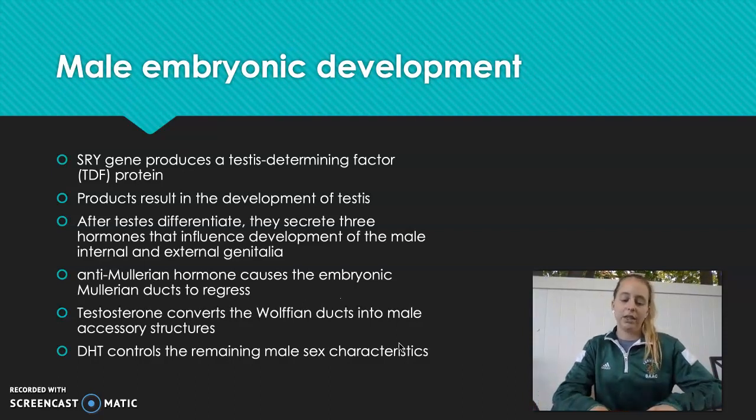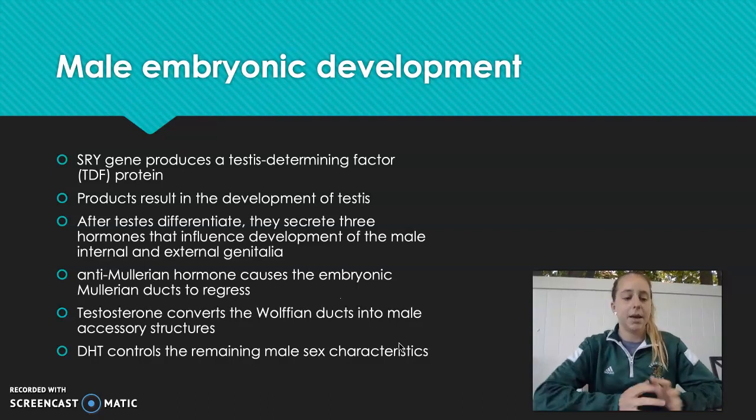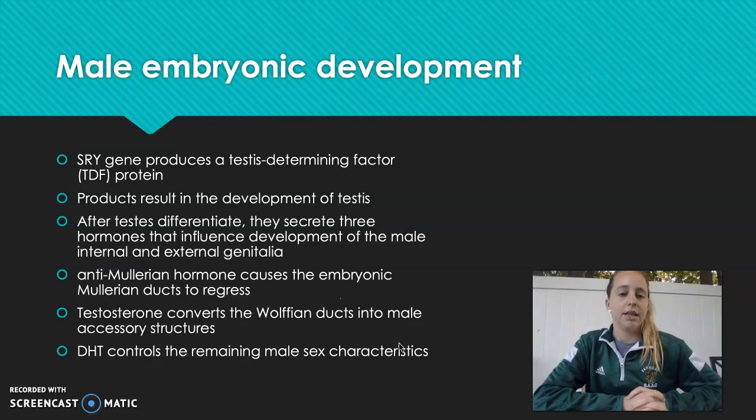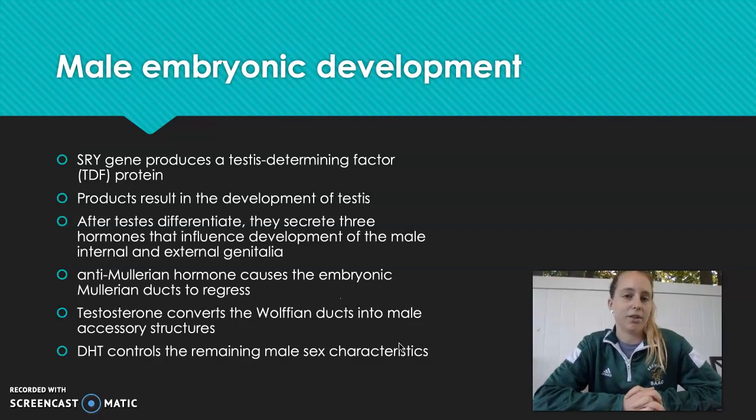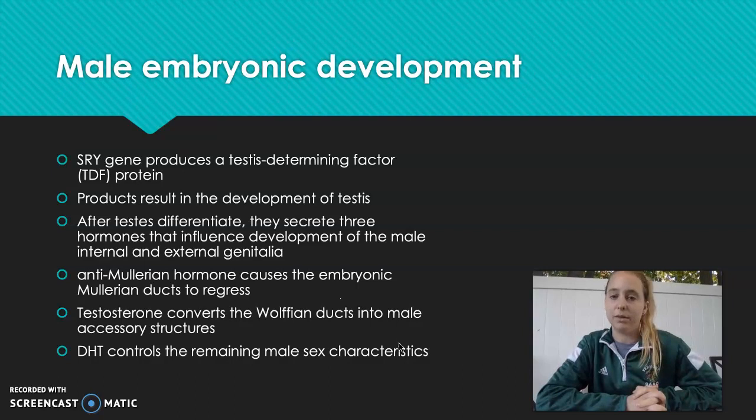Testicular Sertoli cells secrete anti-Müllerian hormone, or AMH. Testicular interstitial cells secrete the androgens testosterone and dihydrotestosterone, or DHT. Both testosterone and DHT are the major hormones in males. AMH causes the embryonic Müllerian ducts to regress.